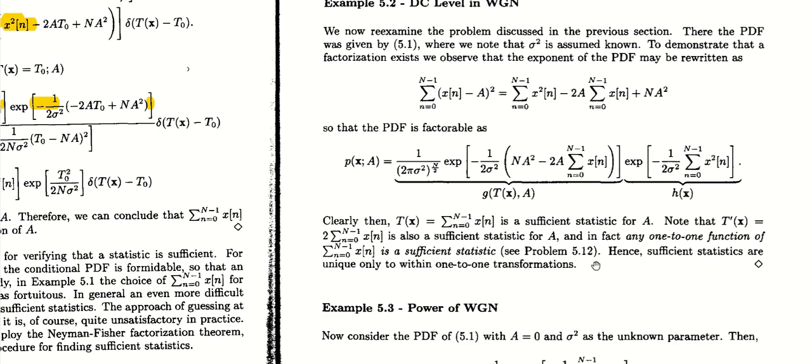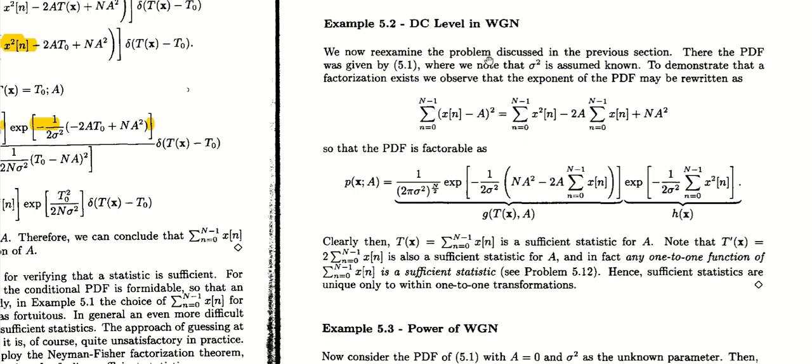Okay, so I think we use this DC level as a very good example because it's simple, its formula is understandable and not that complicated. So we see it clearly for this format.